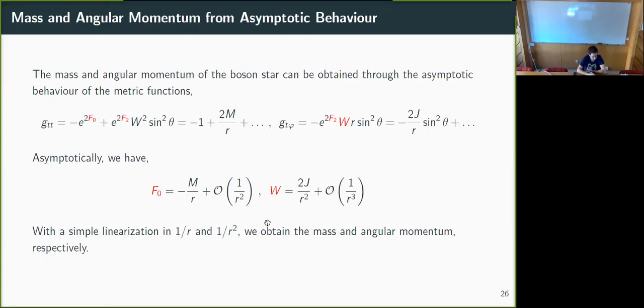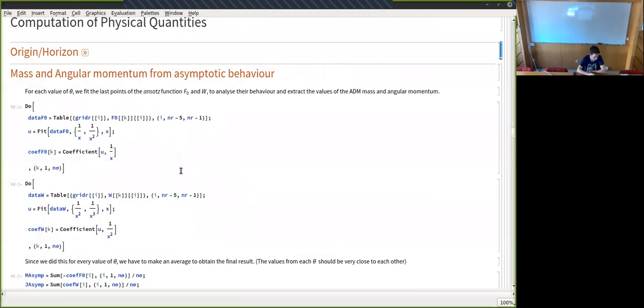Then with a simple linearization, you can obtain the mass and the angular momentum. And that's exactly what we do here. For each value of the grid on theta, for each value of theta, we do the fit. We fit with 1 over x and 1 over x squared, and we get the 1 over x component.